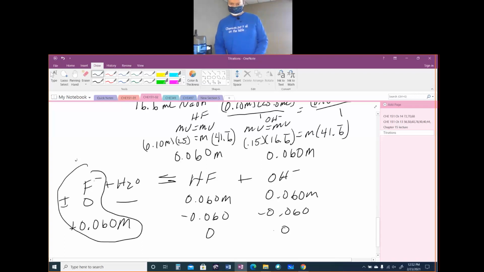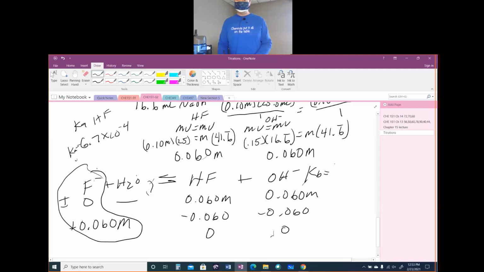And this is the Kb reaction. What was given was the Ka for HF is 6.7 times 10 to the minus 4. So the Ka for HF is given, F minus is not listed in the Kb chart, and we don't need it to be listed because we know how to find the Kb once we have the Ka.